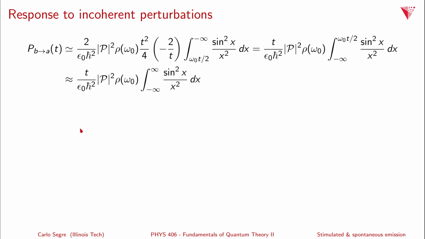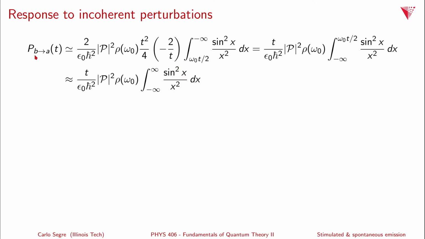We're going to make the assumption now that if time is long enough, then you're far out away from omega 0. And so we can replace this integral approximately with an integral from minus infinity to infinity, which makes doing the integral much easier.